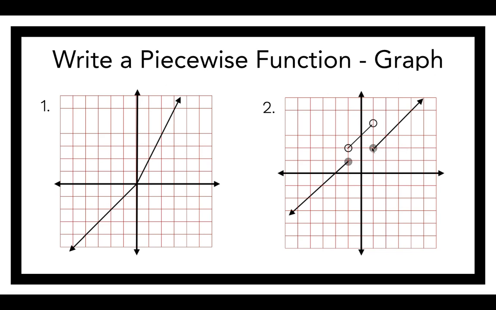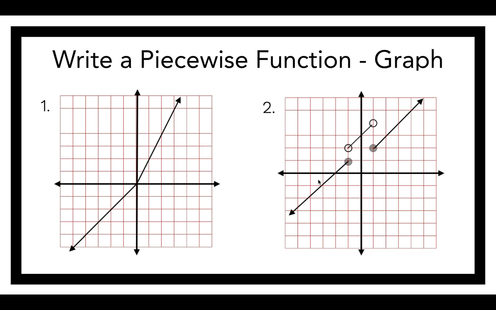For this function, we want to continue it down to the left a little bit, and that looks like it would cross the y-axis at y equals positive 1. So my slope of this line is 1 to 1, so that is going to be a slope of 1 and a y-intercept of 1, so that's going to say x plus 1.